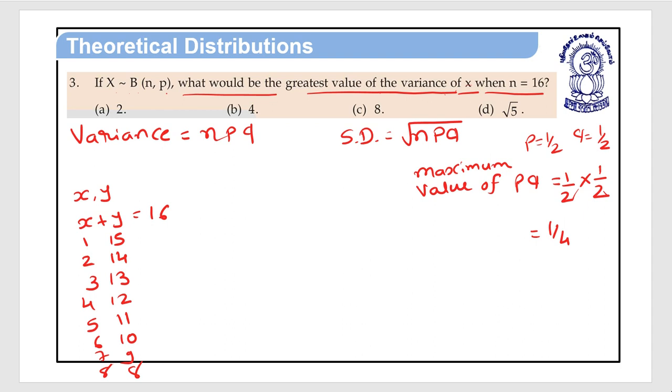Here multiply both. 1 into 15 is 15. 2 into 14, 28. 3 into 13, 39. 4 into 12, 48. 11 into 5, 55. 6 into 10, 60. 7 nines are 63. 8 eights are 64.